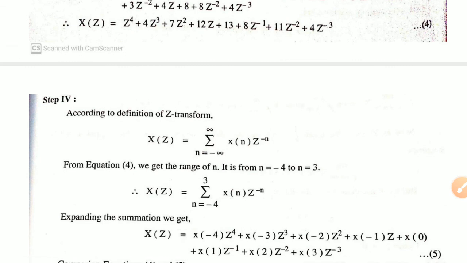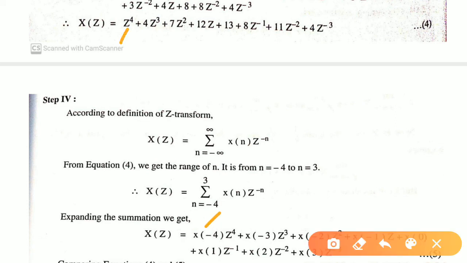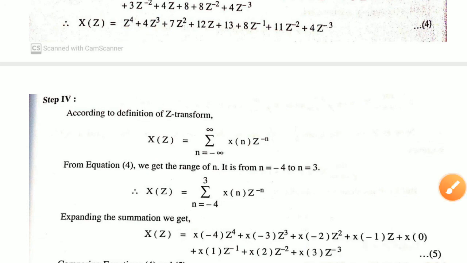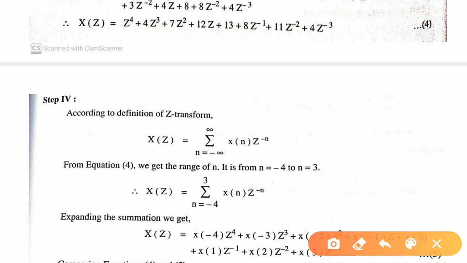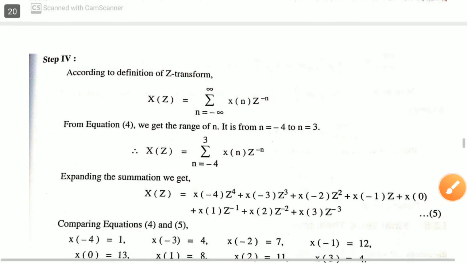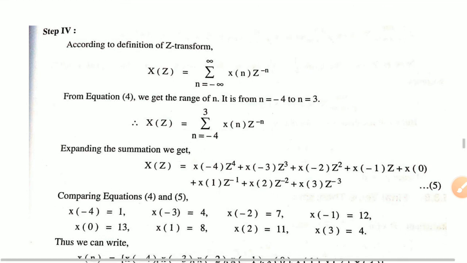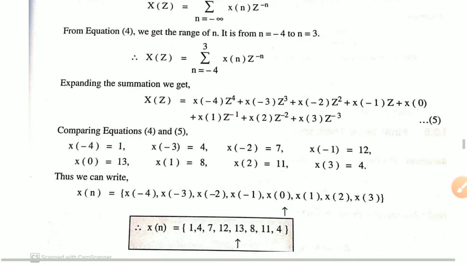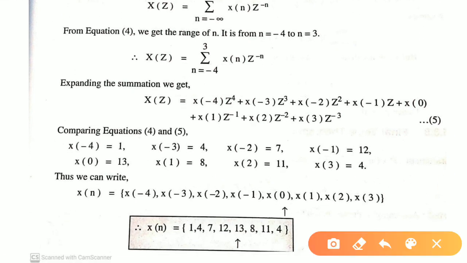We are getting x of -4 is 1, x of -3 is 4, x of -2 is 7, x of -1 is 12. We are just comparing equations 5 and 4. After comparing, we are getting the last sequence. So these are the values we are getting.